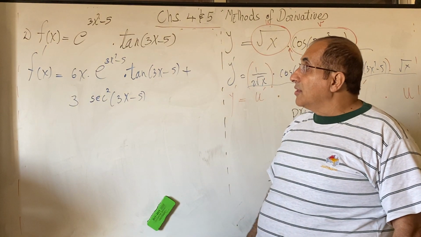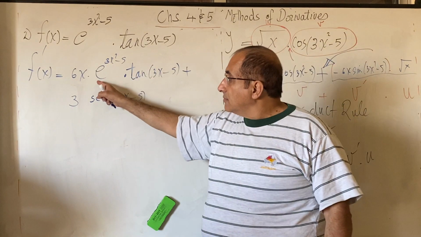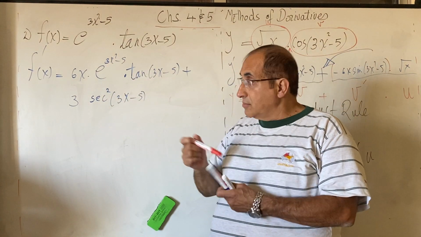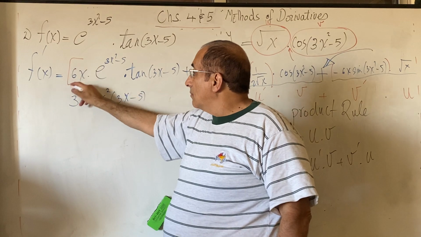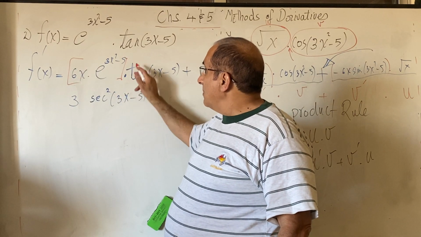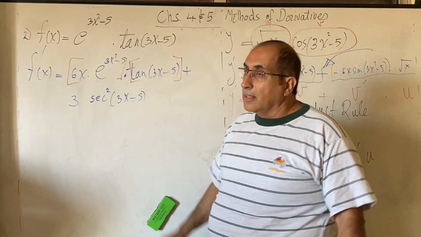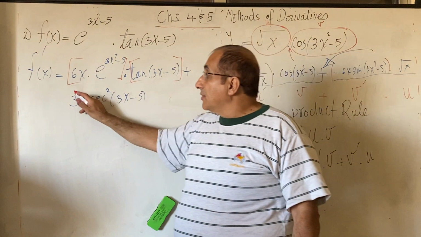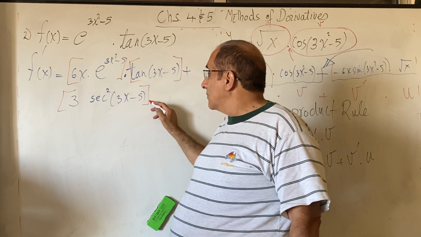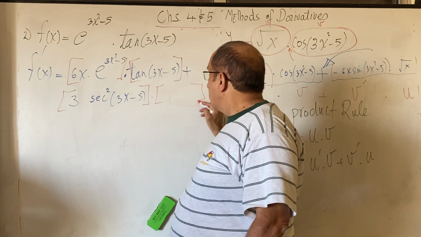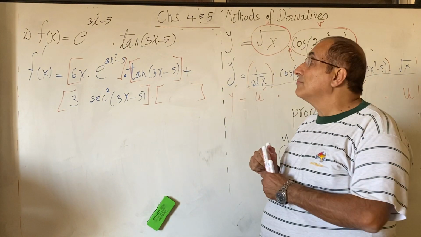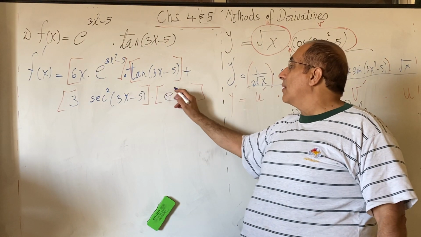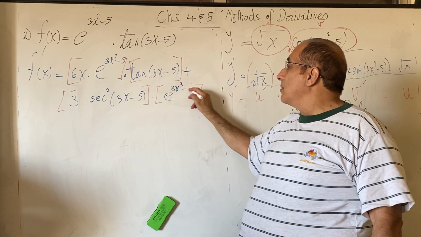Times what? So that is the derivative of the first, times the second as it is, plus the derivative of the second times the first. And what is the first? E to the power 6x.